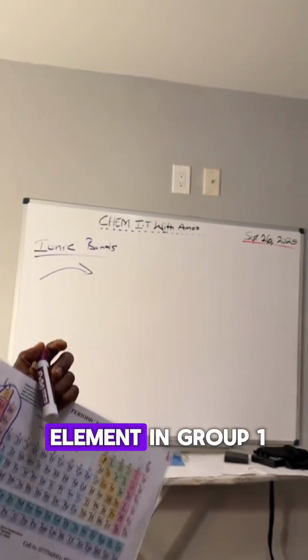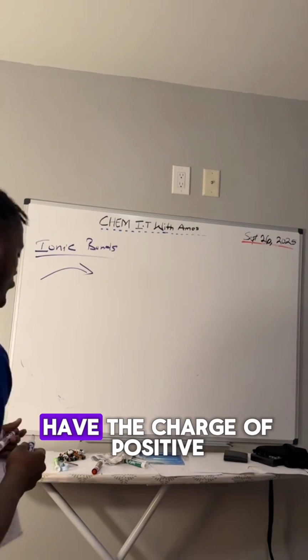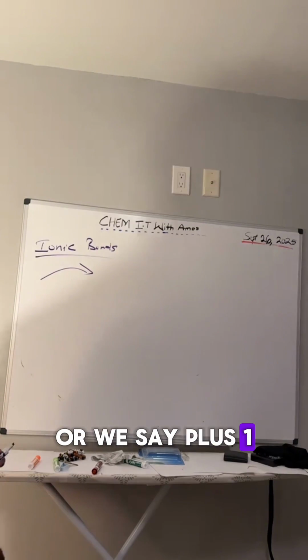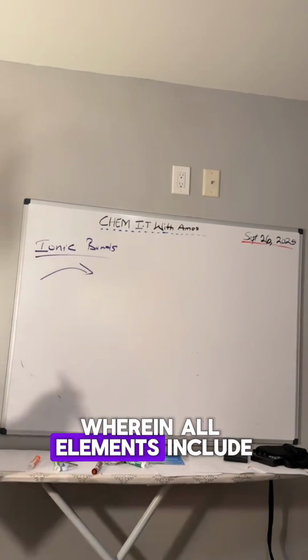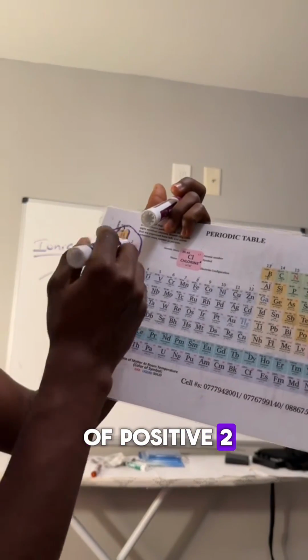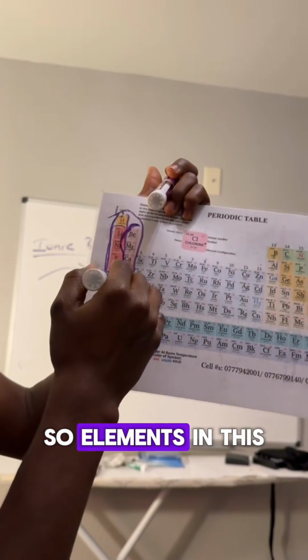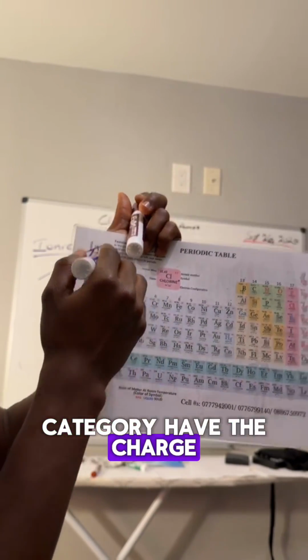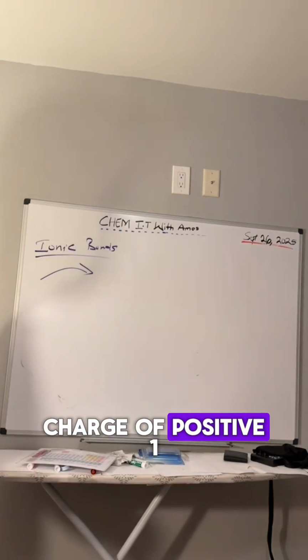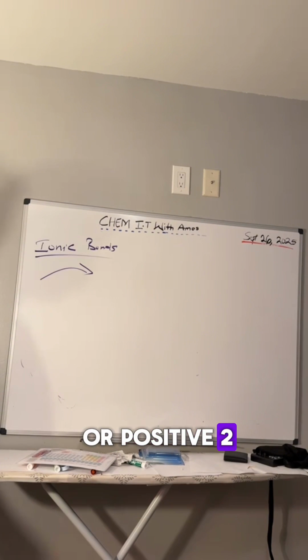We say that elements in group 1 have a charge of positive 1, whereas all elements in group 2 have a charge of positive 2. So there's group 2 right here. What does it mean to have a charge of positive 1 or positive 2?